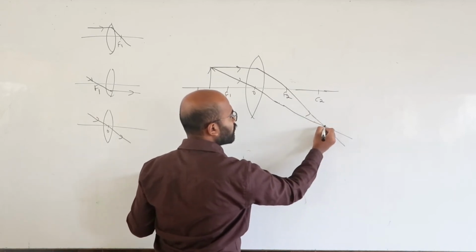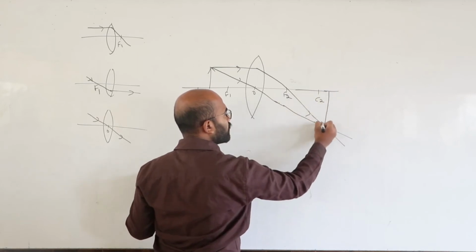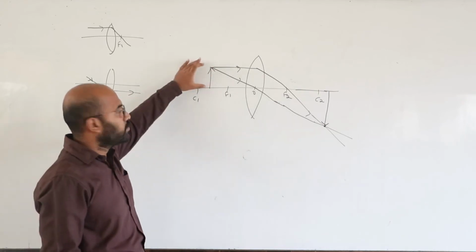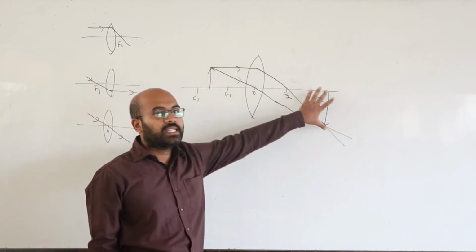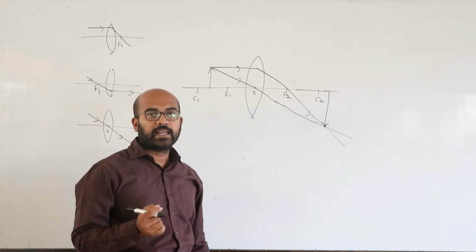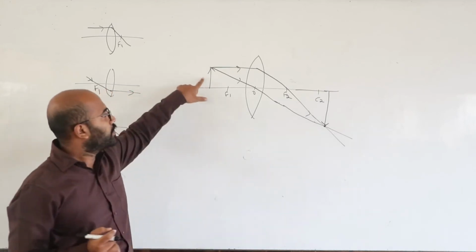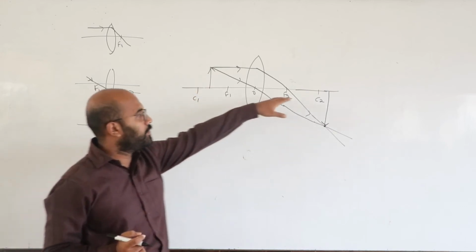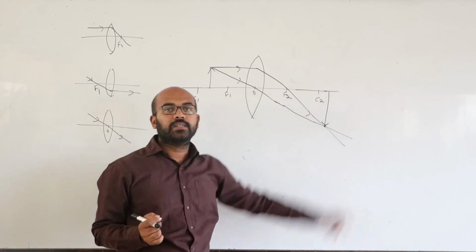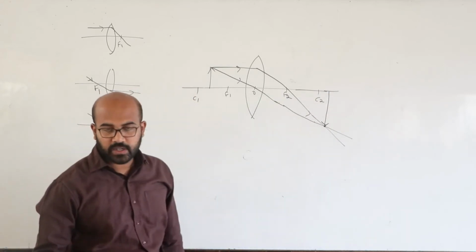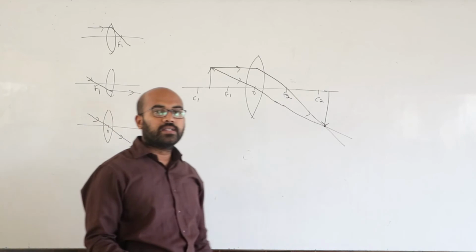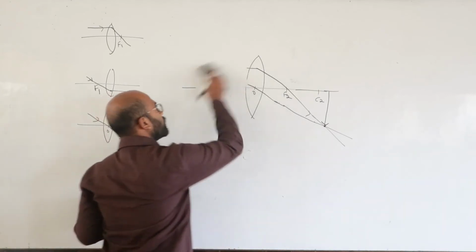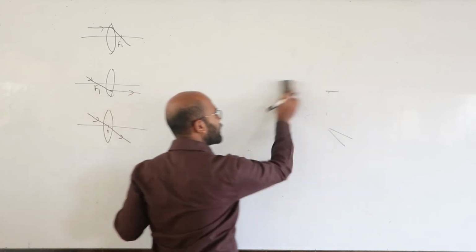So where is the image getting formed? It is getting formed behind the center of curvature. If the object is 10 centimeter, the image height will be greater than 10 centimeter. So for the object in between principal focus and center of curvature, the image is getting formed behind the center of curvature. What is the nature of the image? It is real and inverted. What is the size? It is enlarged, not highly enlarged, just enlarged.